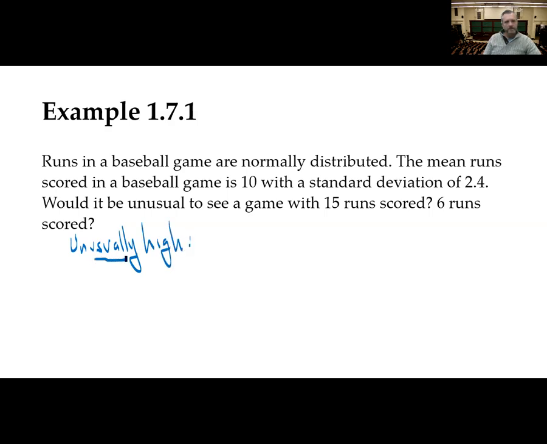That's going to be the mean plus 2 standard deviations. So if the mean is 10 and the standard deviation is 2.4, then 10 plus 2 times 2.4 is going to give me 14.8.